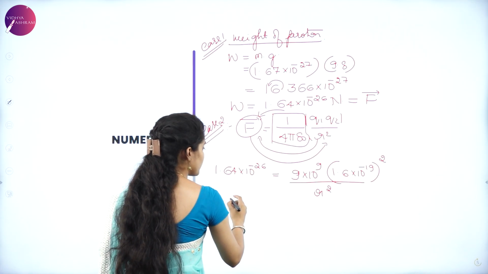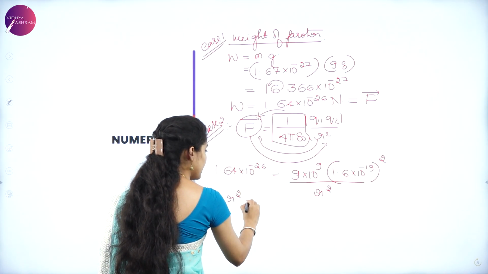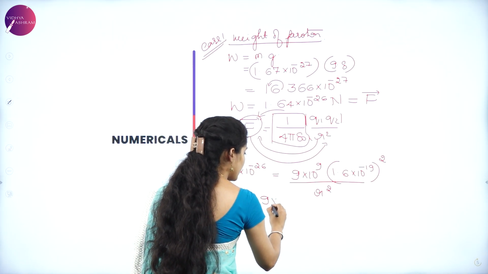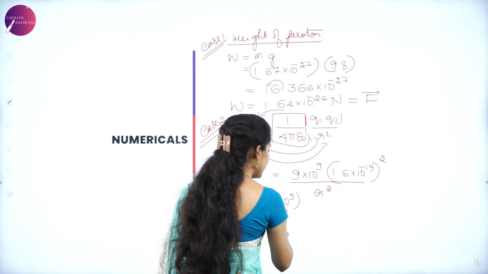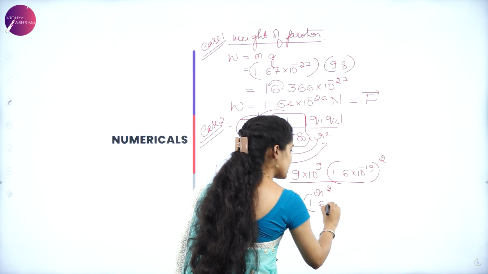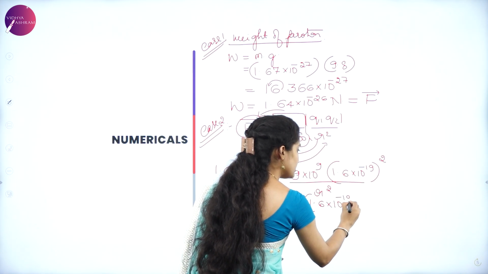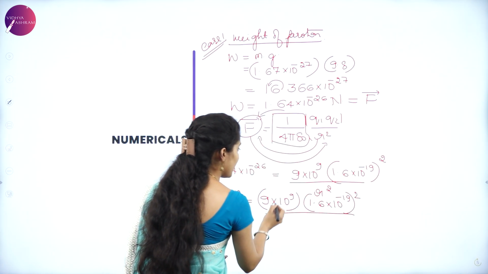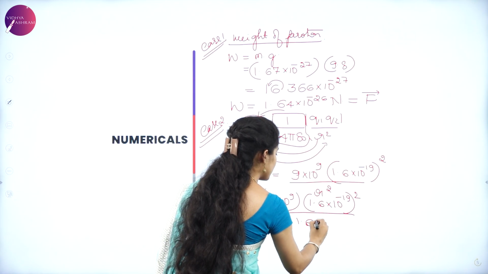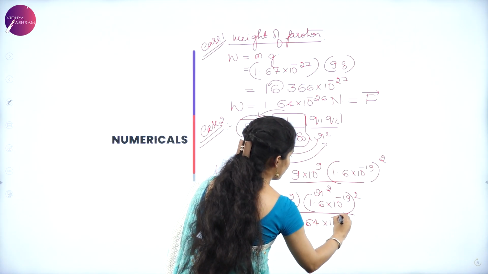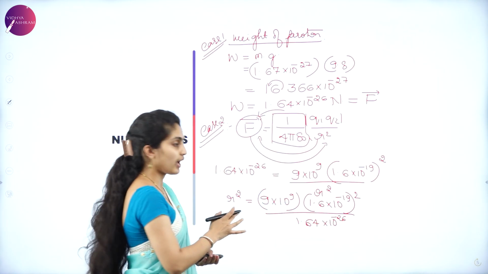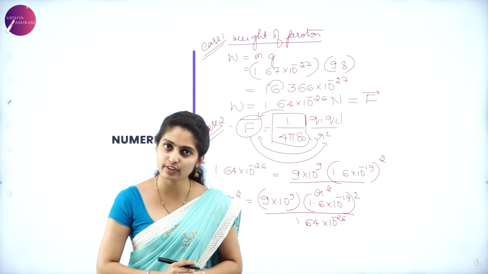So take your R square towards the left hand side. We are having 10^9 into (1.6 × 10^-19) the whole square, divided by 1.64 × 10^-26. So we have got this simplified format.